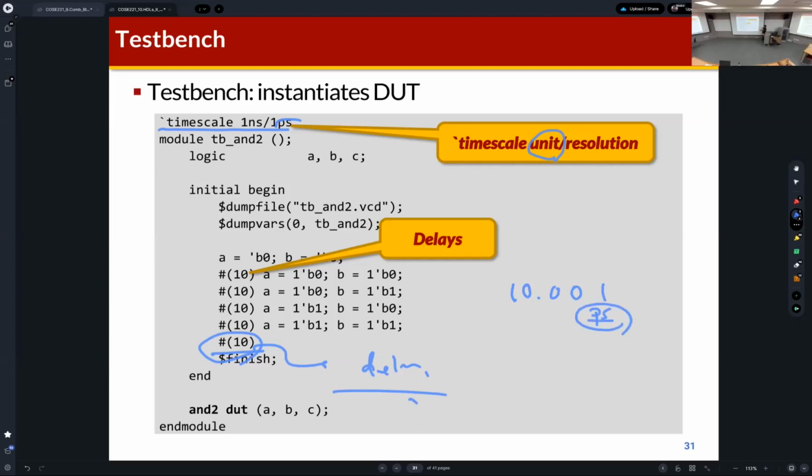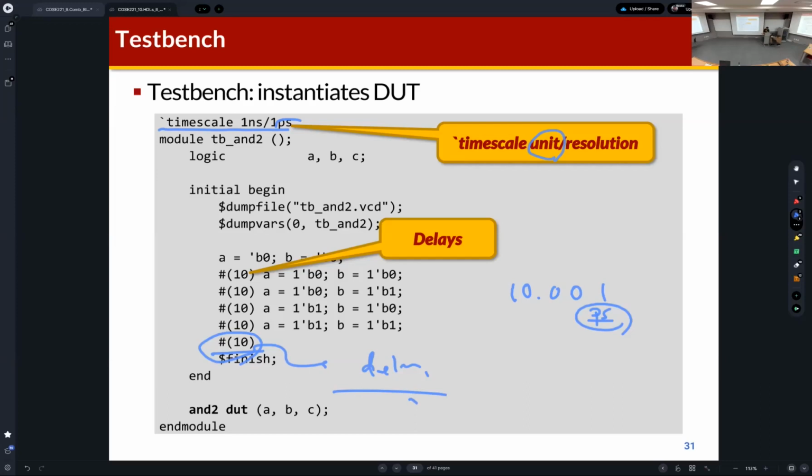So that means we define the resolution of the time delay in system level code as the picosecond unit. So if we define the delay of this line like 10.001, then it's okay, because the resolution of this SystemVerilog module is defined as 1 picosecond.